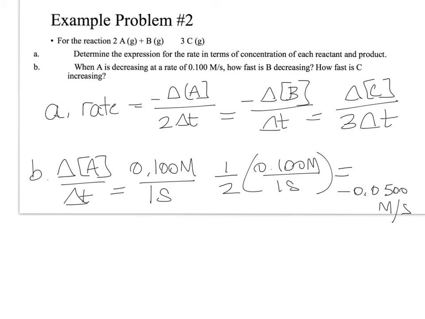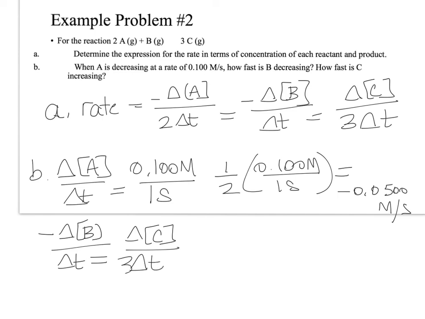Then if I look at how fast is C increasing, the change in B over the change in time is equal to the change in C over the change in time times 3.